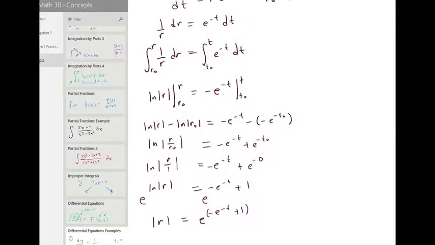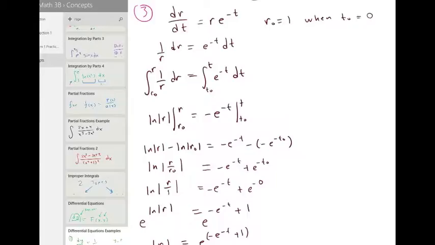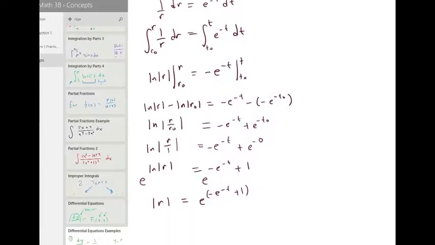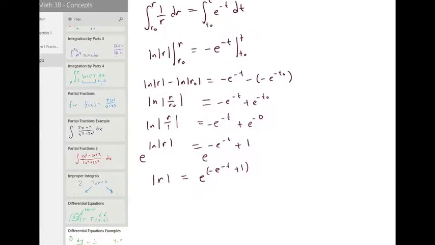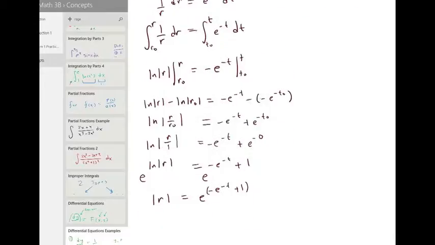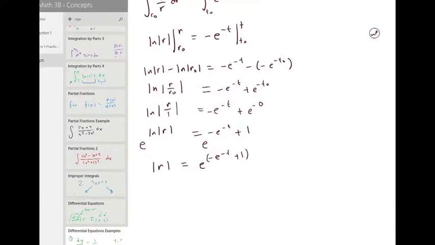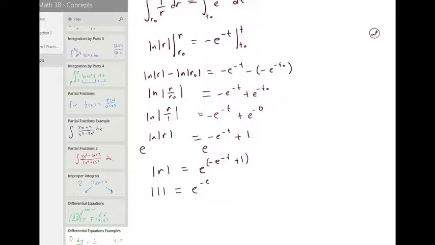To see whether we take the positive or negative value, we just check our initial conditions really quick. When r is r0, or 1, this should be e to the negative e to the negative t0, which is 0, plus 1.